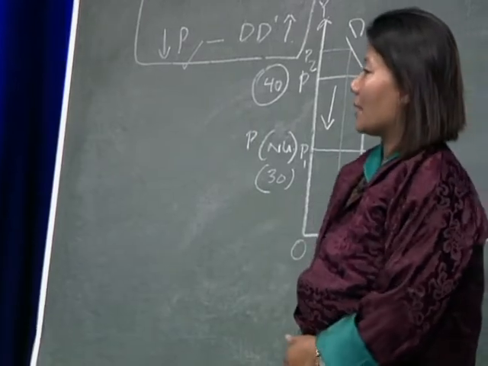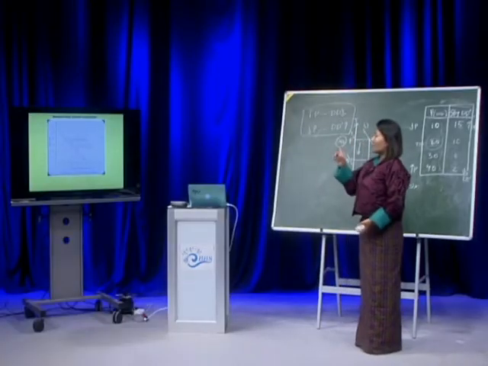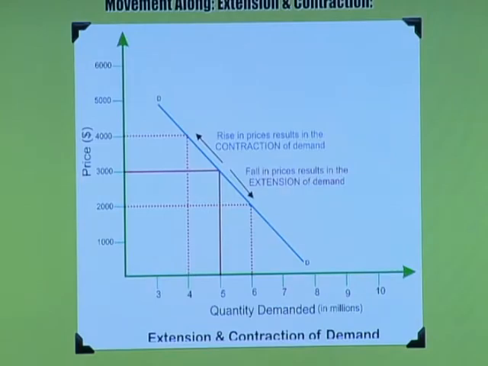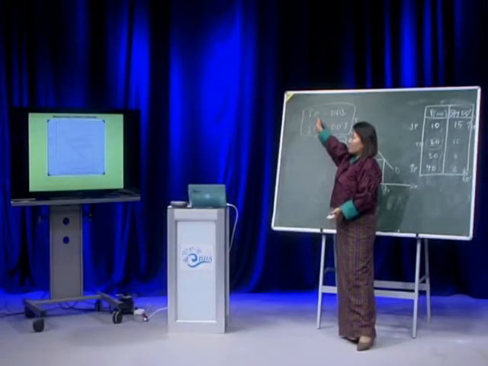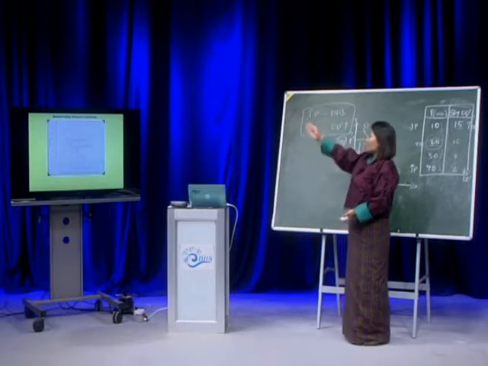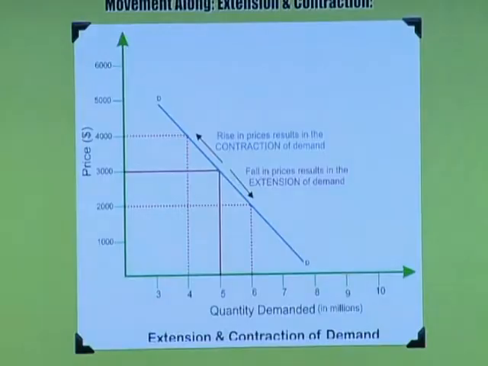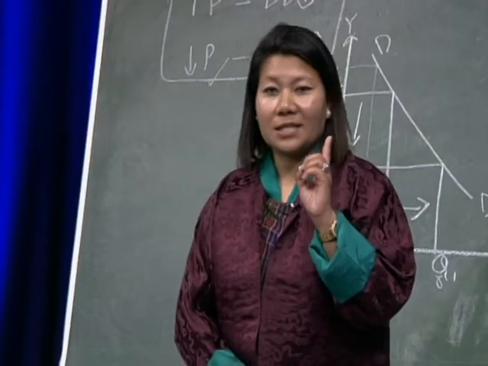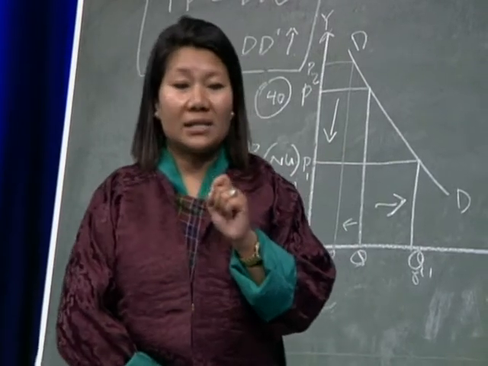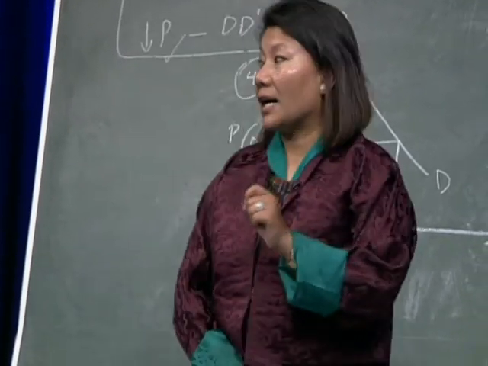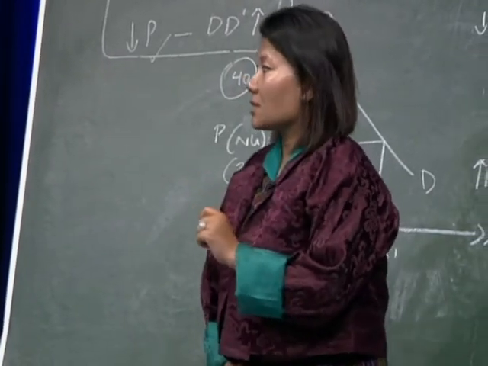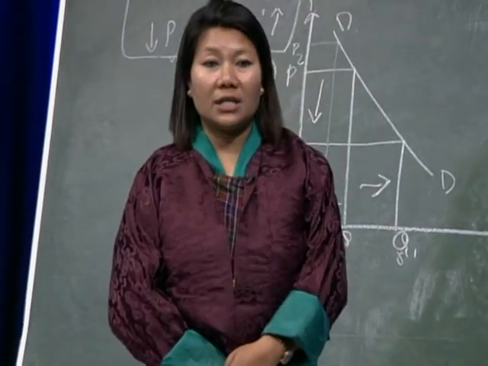But the other price is 4,000. From 3,000, if the price has shot up to 4,000, what is the quantity demanded? Quantity demanded has shifted to the left, to 4. So by contraction, higher the price, lower the demand. By extension, lower the price, higher the demand. So this is the movement along the demand curves.